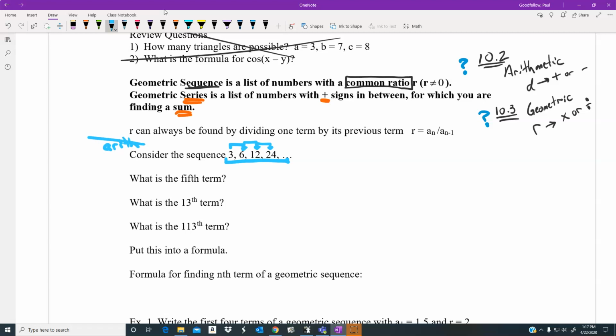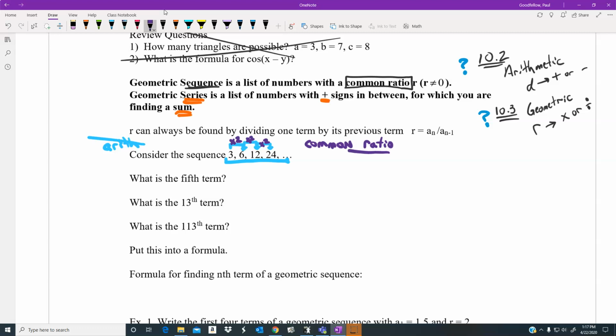But what is going on between one term and the next is that the previous term is being multiplied by 2, and then multiplied by 2 again, and then times 2 again to keep going up the sequence. This is a clear sign that it has a common ratio, and that means it's geometric and not arithmetic.